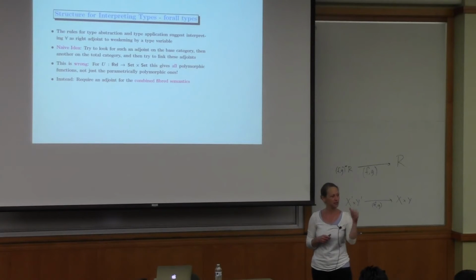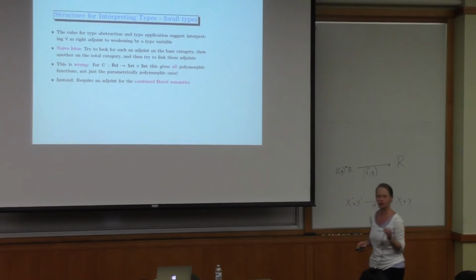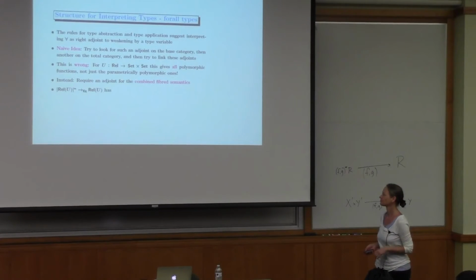So we're going to say, here's how you interpret for all, and let's say that we have an adjoint for that for all. So not like two adjoints for two different semantics linked up, but think of the semantics monolithically. Like it's one two-level semantics, not two one-level semantics. That's what I'm trying to say. And then we're going to insist that we have an adjoint for the combined semantics.